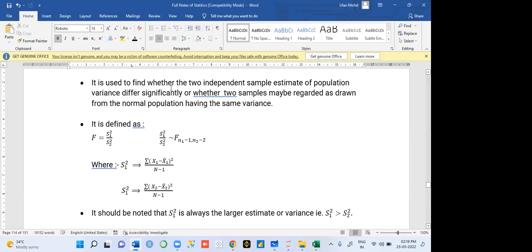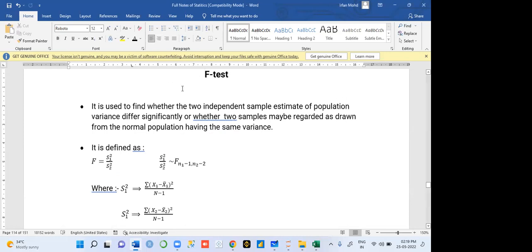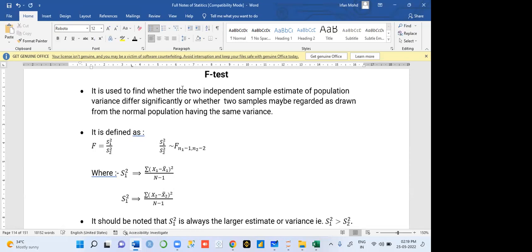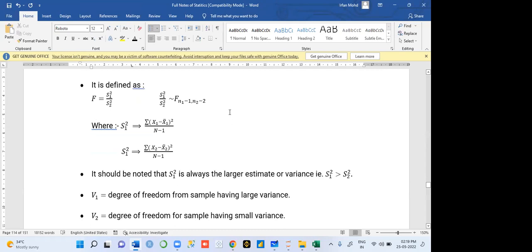Guys, right, this is the F test. A last test for your statistics. Last topic of your stats. Just write F test and just write this one. Formula is one. Only the formulas.